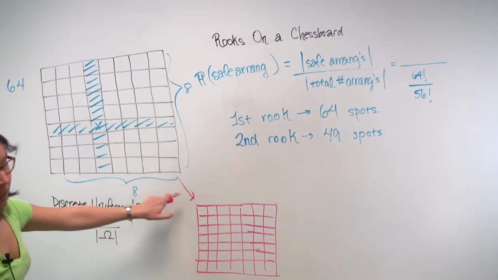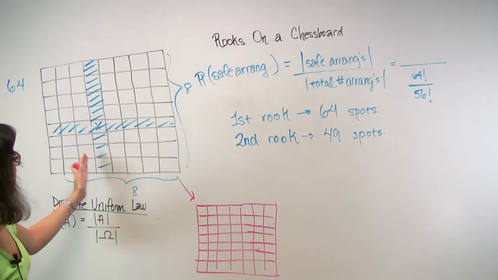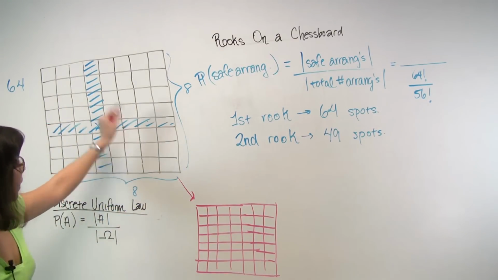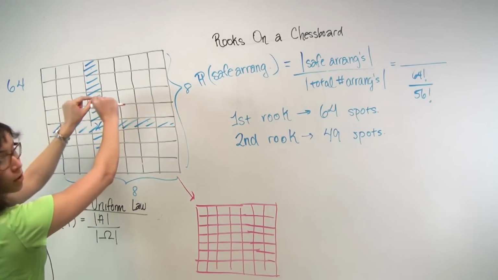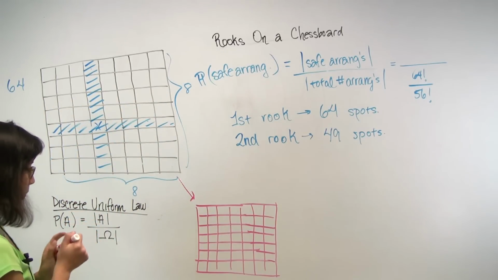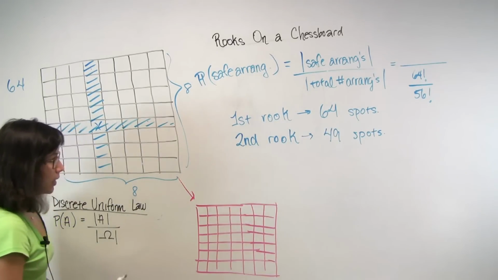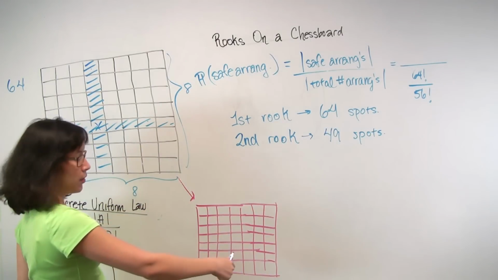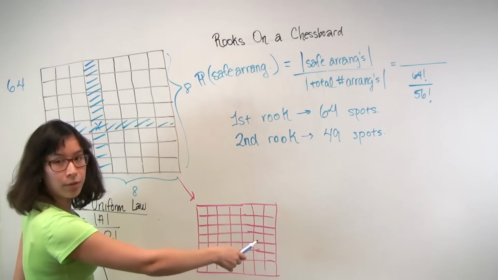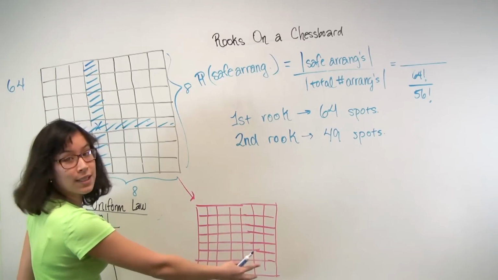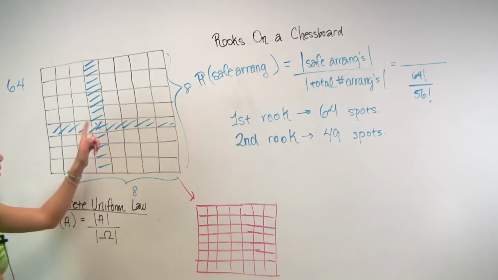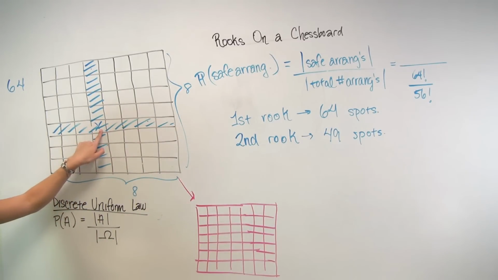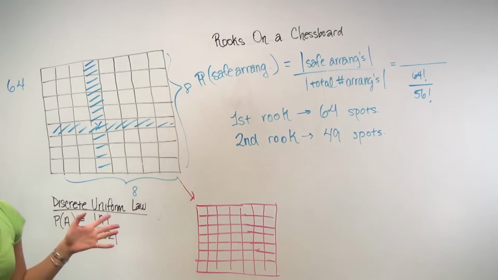So again, how did I get this chessboard from this one? Well, I took scissors and I cut off the blue strips, and then I just merged the remaining 4 pieces. So now I'm placing my second rook. I know that I can place my second rook in any of these squares, and it'll be safe from this rook. Of course, in reality, you wouldn't really cut up your chessboard.